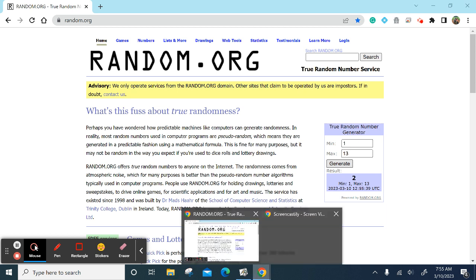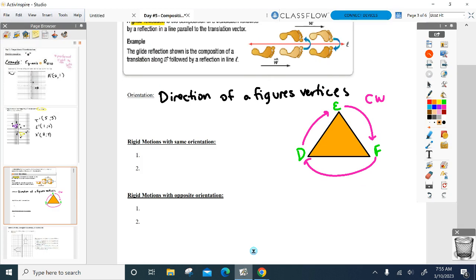Everyone agree? All right, here's what I'm going to challenge you with now. Out of those 3, let me just symbolize them. Reflection, rotation, translation. Out of those 3 rigid motions, which one do you think would keep the orientation the same? So right now on triangle DEF, these vertices are going clockwise.